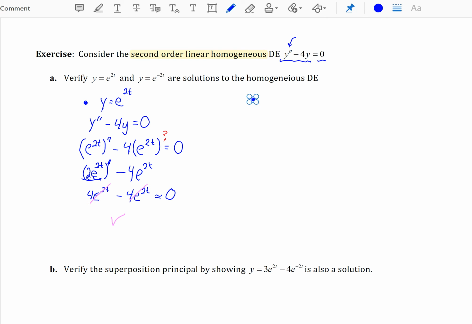We'll have to do the same thing for our second proposed solution. y equals e to the negative 2t. And again, we're going to evaluate our differential equation at this proposed solution to verify that it really does give 0. So plug it in both places. And we want to verify this really does equal 0.